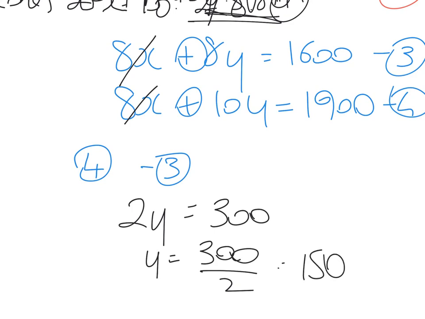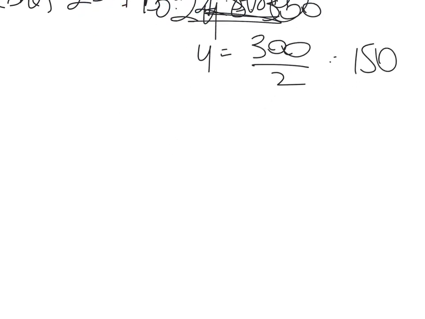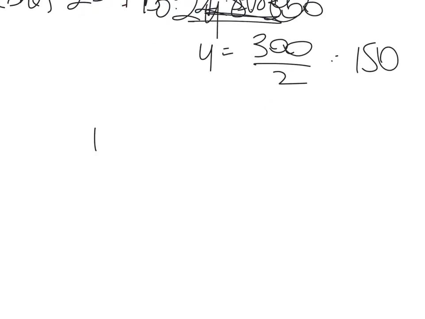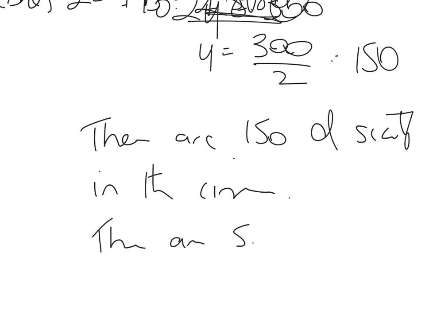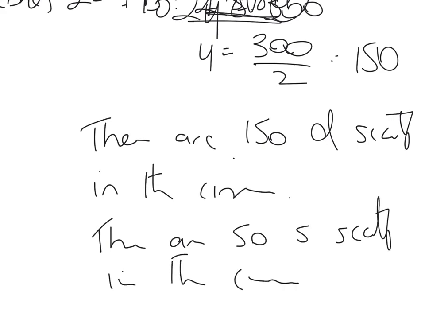Now y is the number of deluxe seats, so there are 150 deluxe seats in the cinema. Now since there's 200 seats in total, that's a simple calculation. There are 50 standard seats in the cinema, and remember to answer the question clearly.